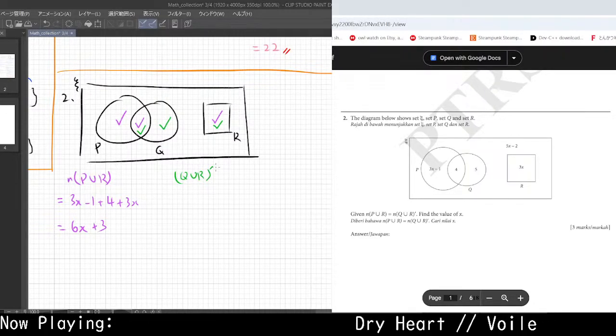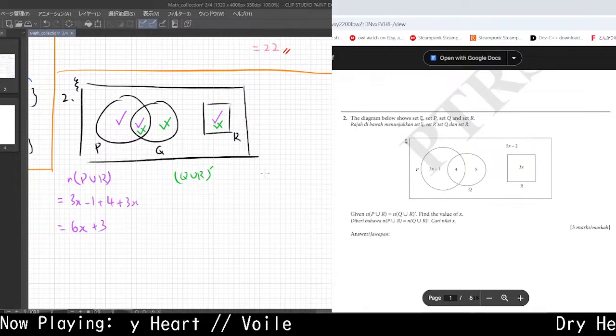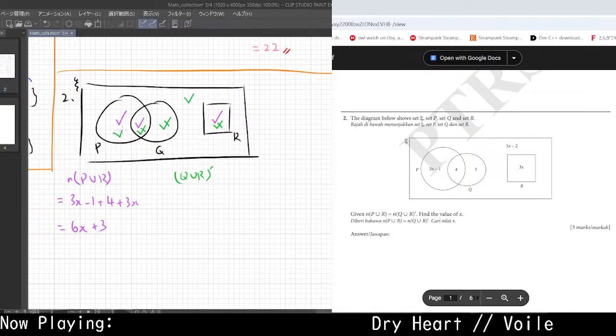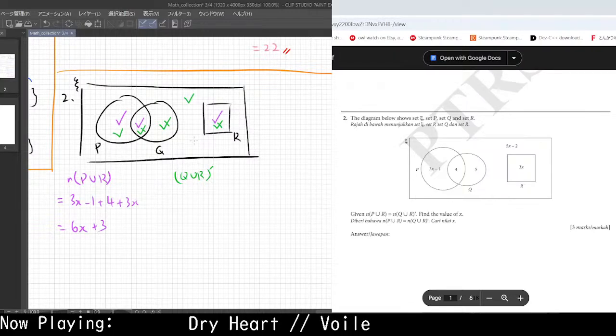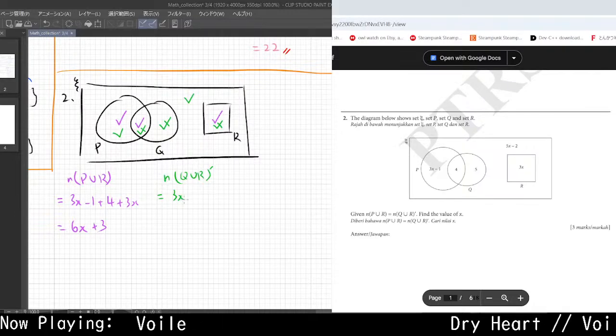We want the complement of Q union R. Therefore, we change all this to no's, and then we take everything else instead. So this one gets a yes, this one gets a yes. And no, there are no other regions to take. This is your answer.